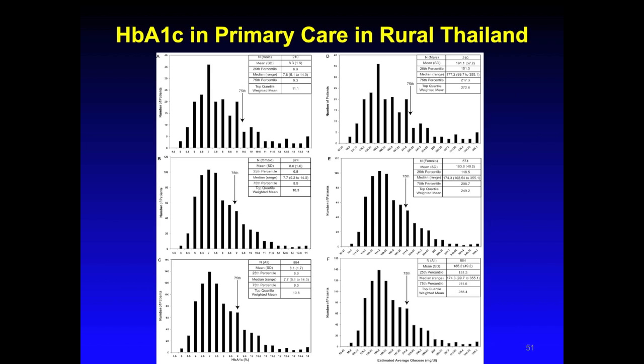And in fact, we studied this sort of problem in Thailand, and I show you just in passing in slide 51 the incredibly high hemoglobin A1Cs as shown in these histograms that were observed directly in rural areas where we took a very accurate instrument to test for that at the primary care level.